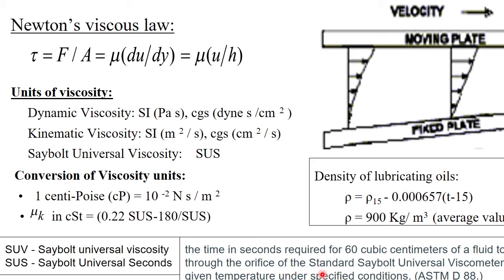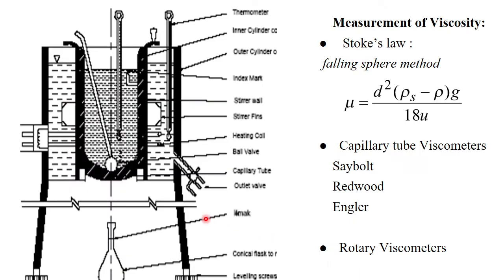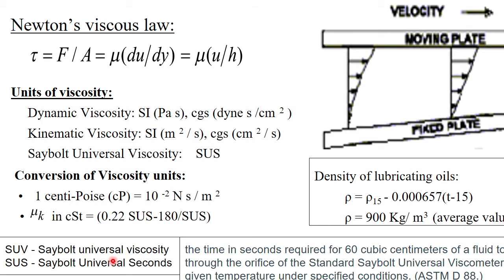Every operating condition is specified by the ASTM standard. So this is the Saybolt viscometer. 60 cc of such fluid is collected, the time required is measured, and there is some conversion.